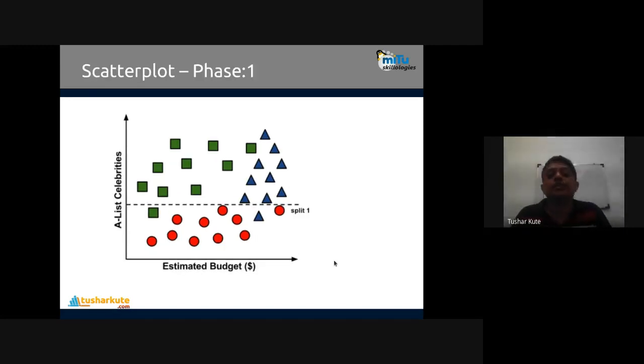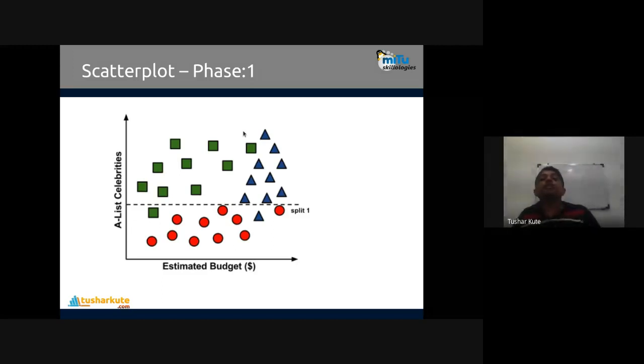Now you can see a line drawn horizontally, on the y-axis, which is the number of celebrities. If I draw on this line, you can see this red class is separated completely, but in this class we still have two misclassifications, one green here, one blue here. And two classes are above this horizontal split. What's the meaning of it?